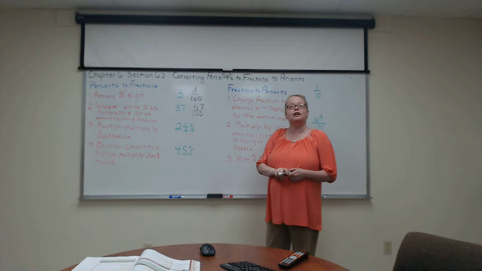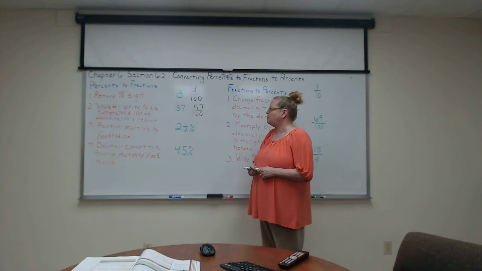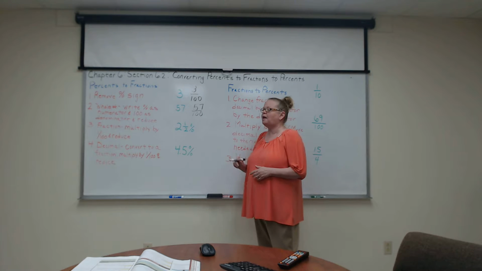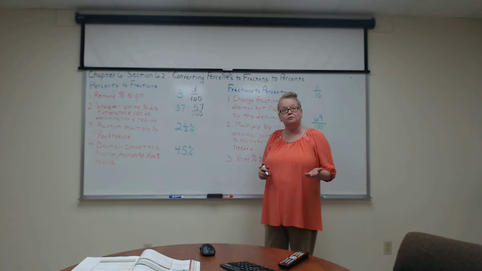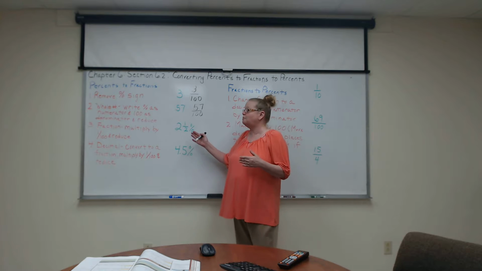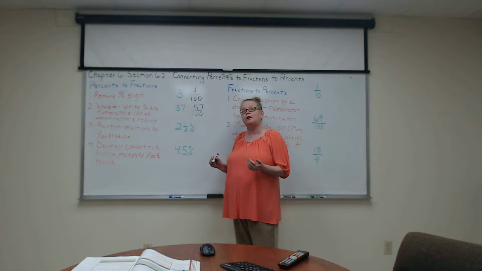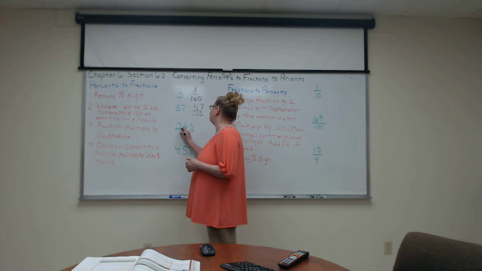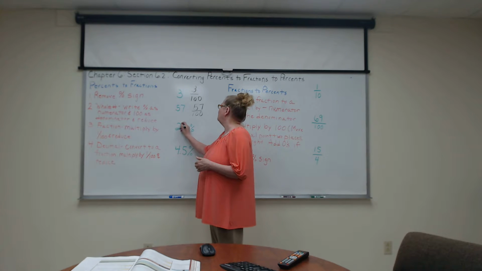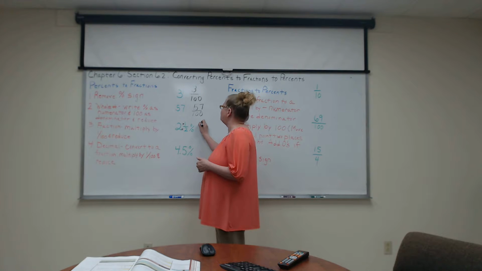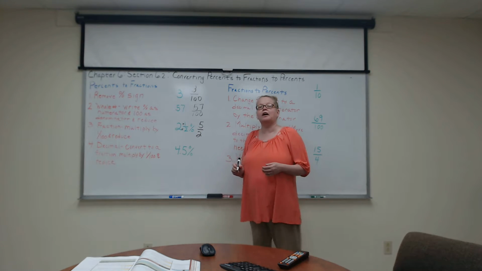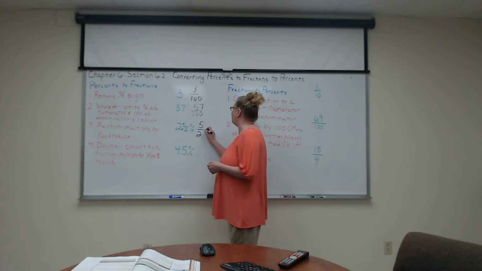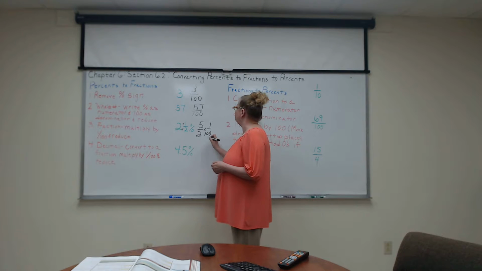But let's take a look at 2.5%. What are we going to do there? We need to multiply by 1/100ths. If you remember, when we have mixed numbers, we have to convert this to an improper fraction. So 2 times 2 is 4, plus 1 is 5, so we get 5 halves, and we multiply that by 1/100ths.